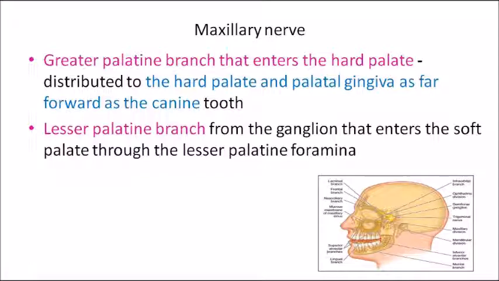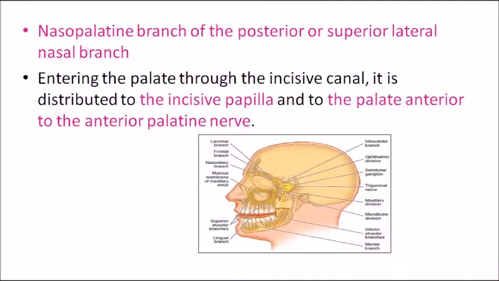Now the lesser palatine enters through the lesser palatine foramina and provides supply to the soft palate region. The third one is the nasopalatine branch of the posterior superior lateral nasal branch. We have just seen that the greater palatine branch supplies the posterior hard palate. Now the anterior region of the palate adjacent to the incisive papilla is supplied by the nasopalatine branch.